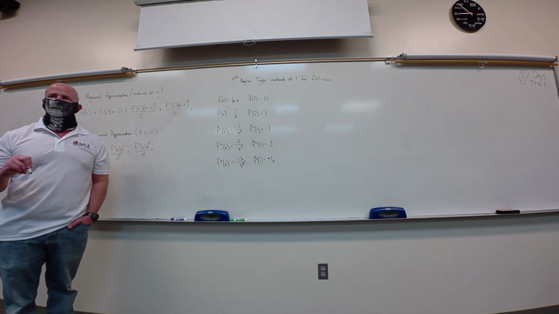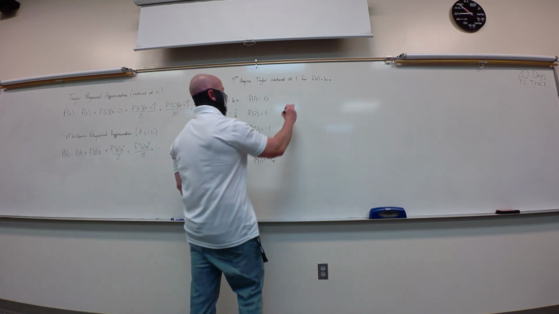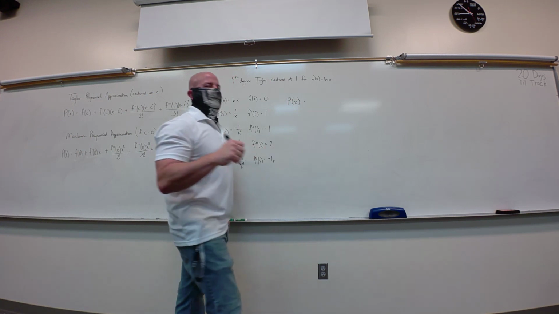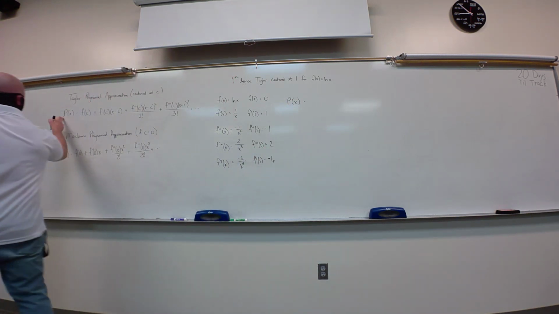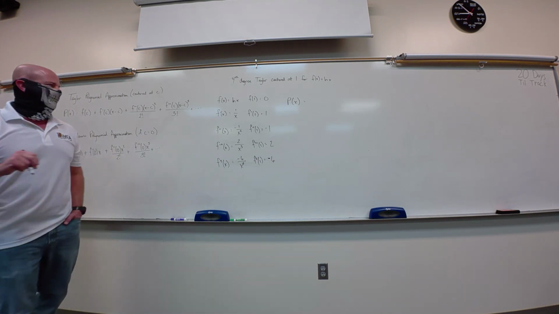Ready, okay there? Okay, now here comes my polynomial. And it doesn't matter what you call it. I'm calling it p of x, p for polynomial. You can call it f of x if you want. It's not going to change anything.